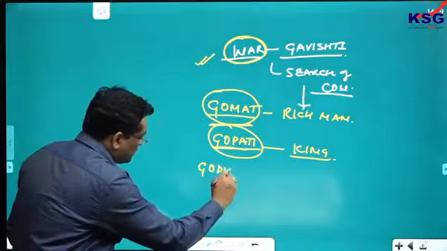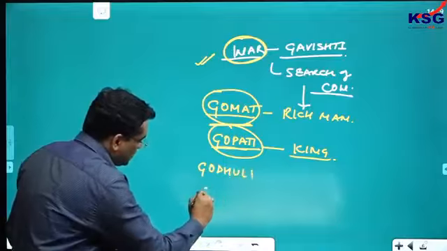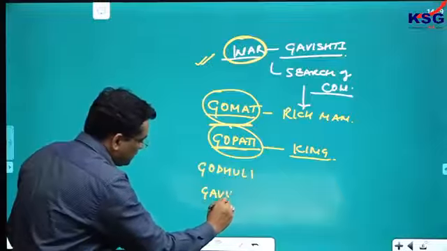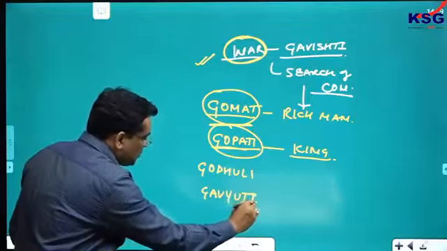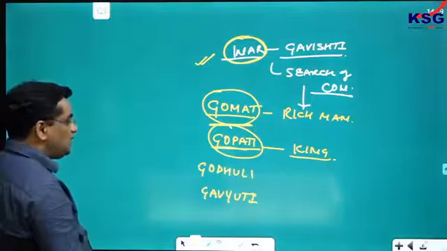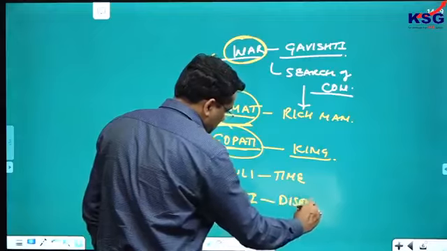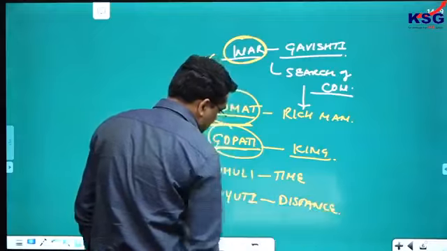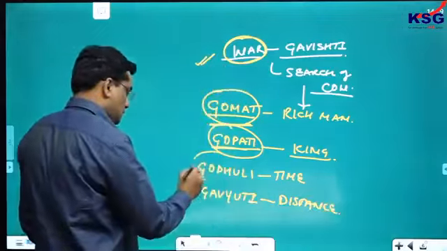Godhuli and Gavyuti, these words were used for time and distance. Godhuli is time, Gavyuti is distance.